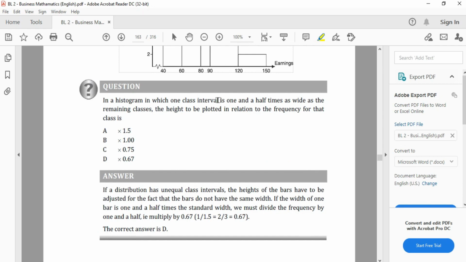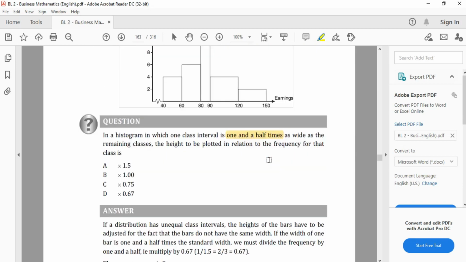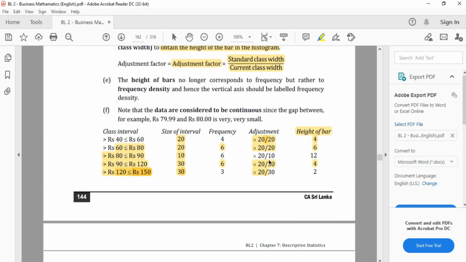They have one class interval which is 1.5 times greater than the rest of the classes. Okay, so they haven't basically given the frequency, right? The frequency to multiply the adjustment factor to get the height of the bar, because here they have multiplied the frequency with the adjustment factor and only got the answer for height of the bar.